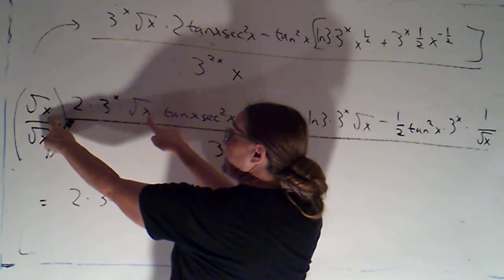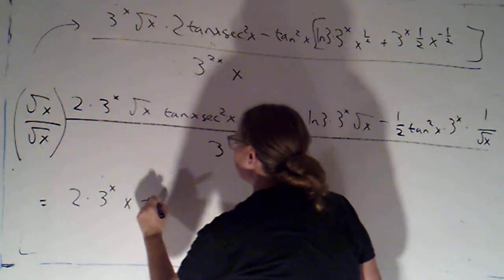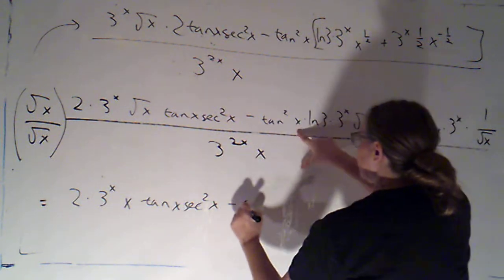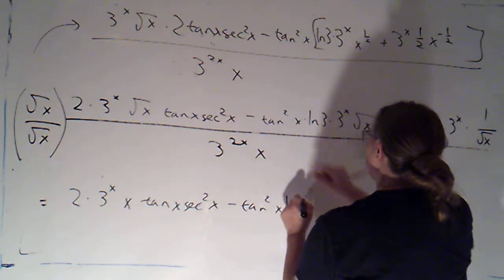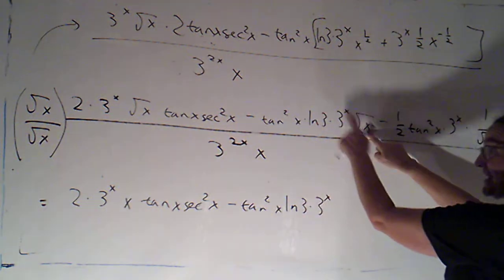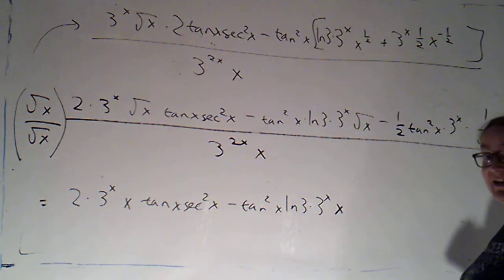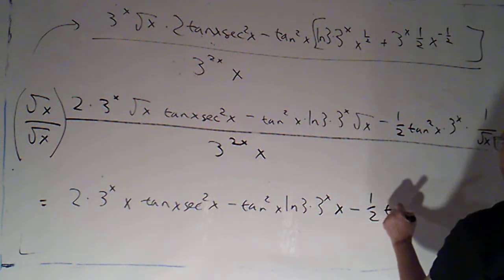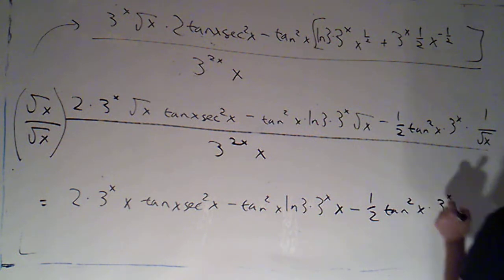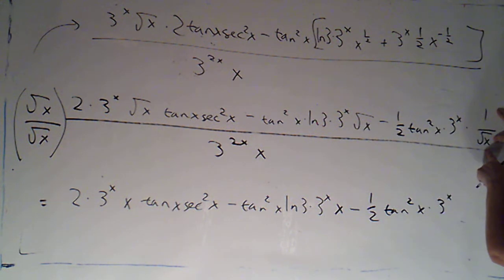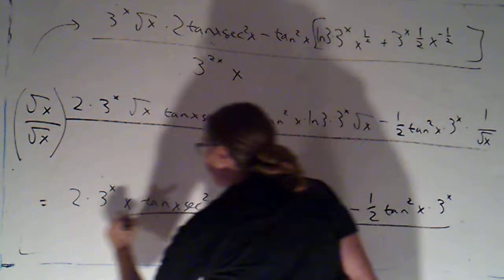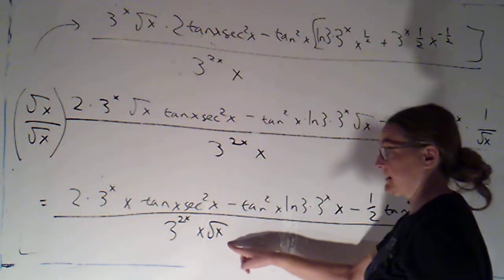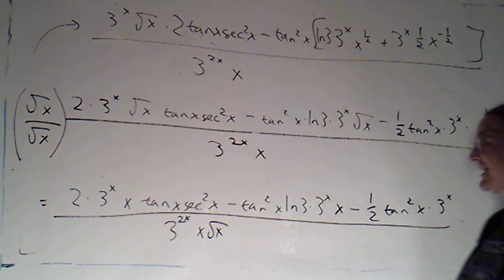Root x will combine with this root x to just give me x, tan x secant squared x, minus tan squared x, natural log of 3 times 3 to the x. Root x will combine with the root x to just give me an x, minus 1/2 tan squared x times 3 to the x, and the root x cancels with the root x on the bottom here. And then on bottom we would have 3 to the 2x times x root x. Don't forget we're multiplying the bottom by root x as well.